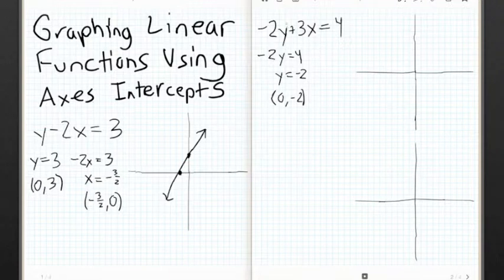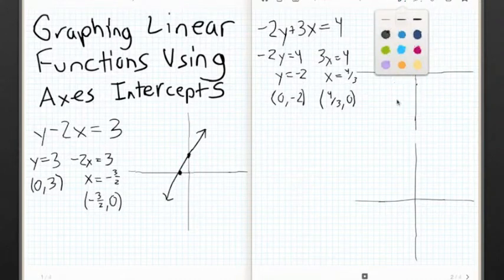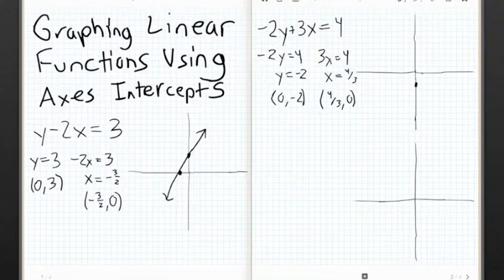If we set y equal to 0, negative 2y disappears, 3x equals 4, x is 4 over 3, and so you're left with the point 4 over 3, 0. So these are your axes intercepts here. 0, negative 2. And 4 over 3, 0 right there.